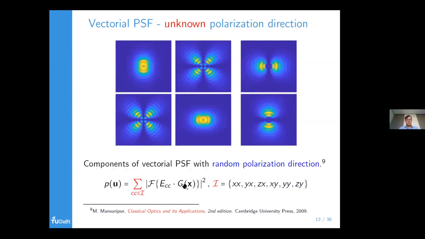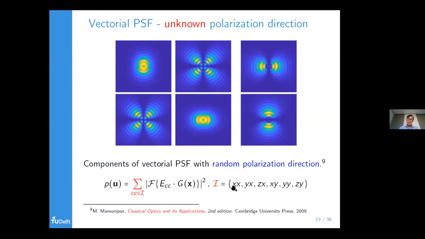So for the case of unknown polarization direction of light, the direction is considered as a random variable. For this, the image is the average of the two point spread functions for the polarization directions x and y. So we have the image formula. Here we have 6 components.